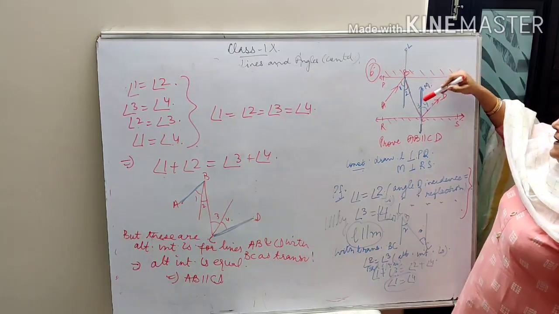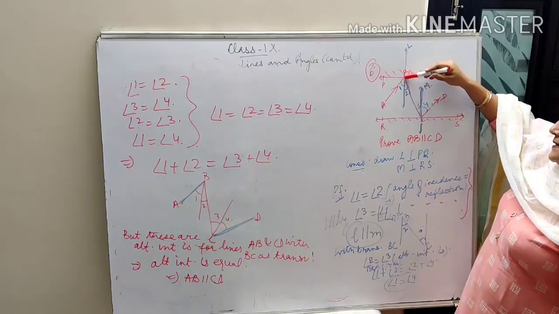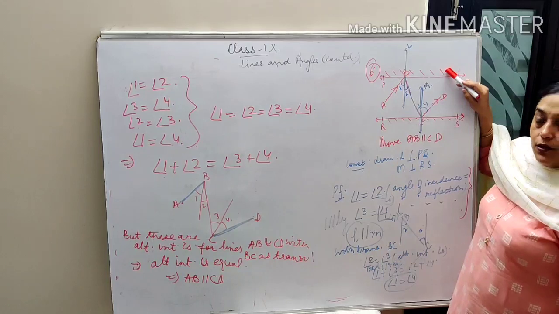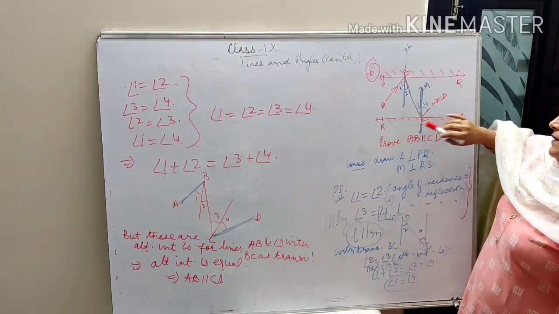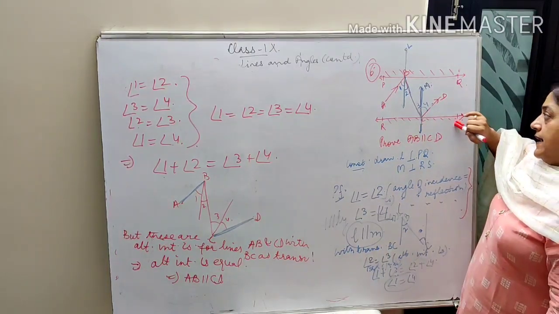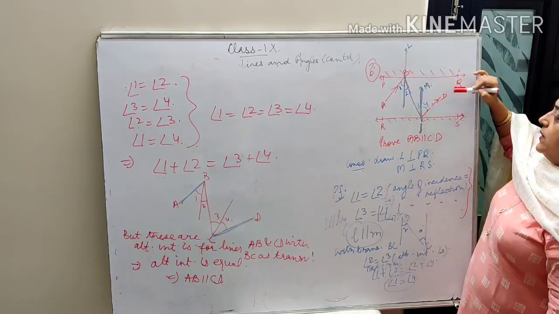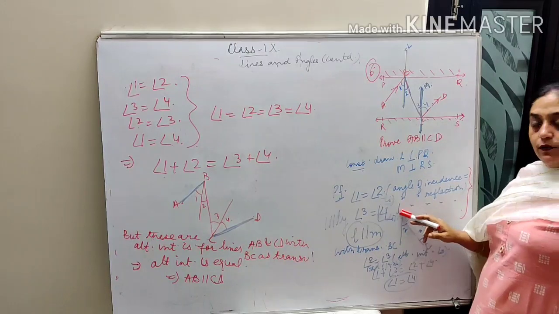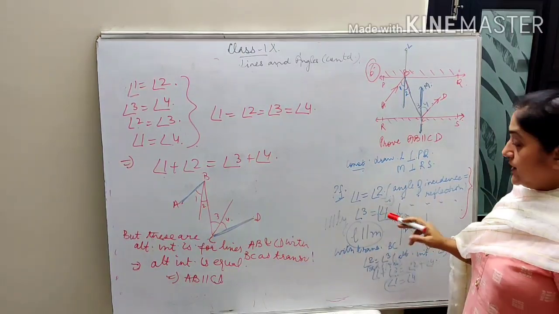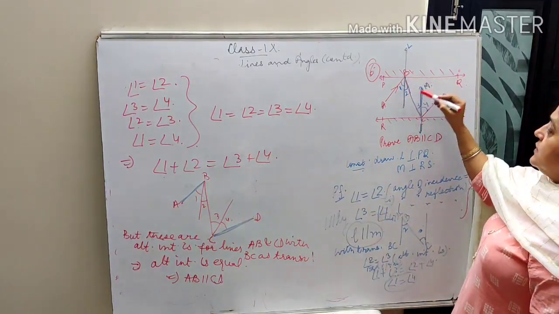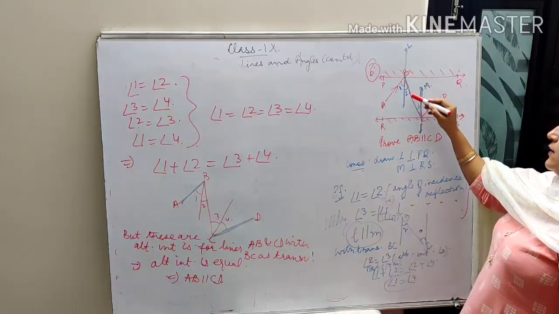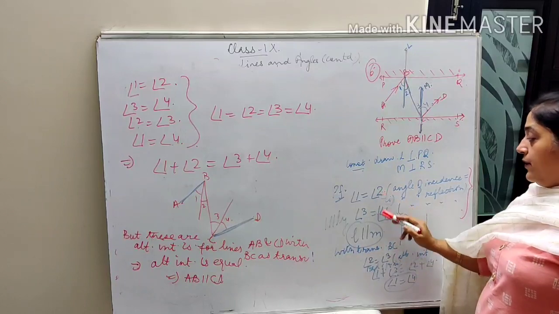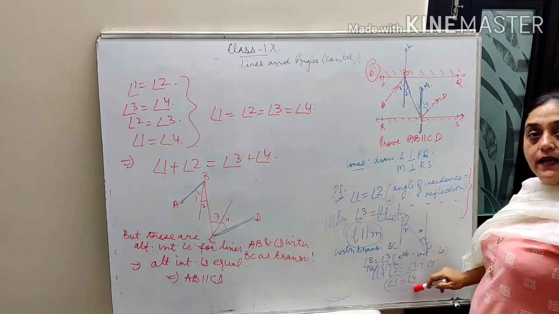Similarly, the ray BC, which was a reflected ray for mirror PQ, becomes the incident ray for mirror RS. So angle 3 equal to angle 4. So 1 equal to 2, 3 equal to 4 by the laws of reflection. Then since these are perpendicular lines, 2 is equal to 3. That I have written. And if I add these, I will get 1 equal to 4.